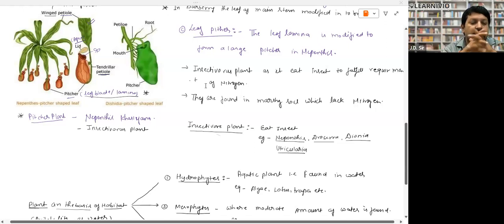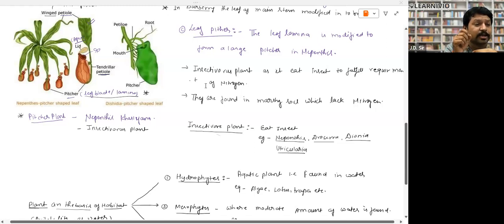Nepenthes is called pitcher plant. Drosera is called honeydew plant, common name.